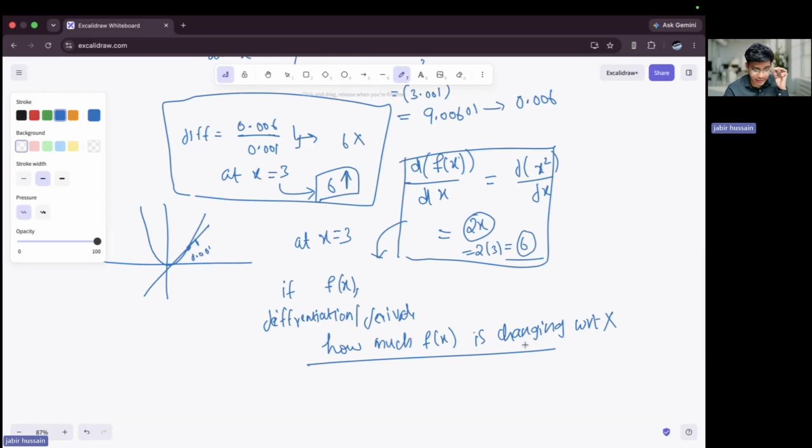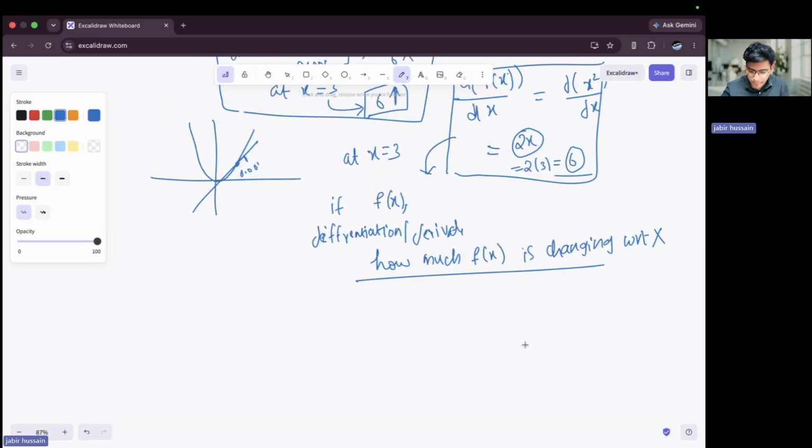Now, if you are clear, let's move to another interesting topic in math itself, which is partial derivative. So what is partial derivative? In the above example, I have taken one single variable, f of x is equal to x square.